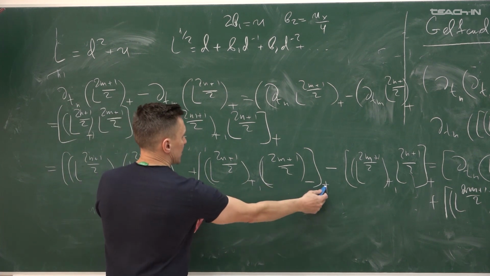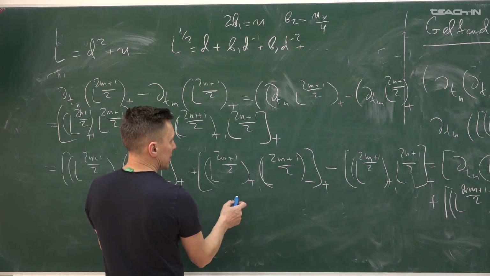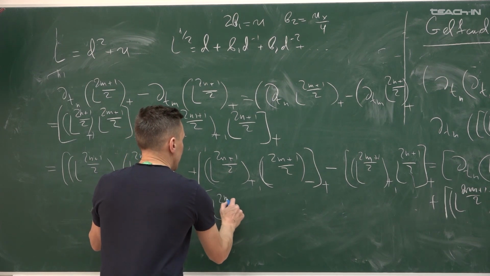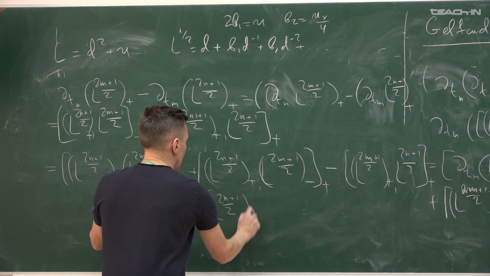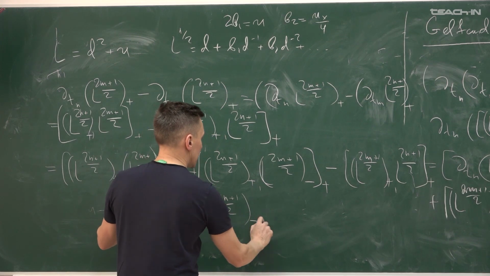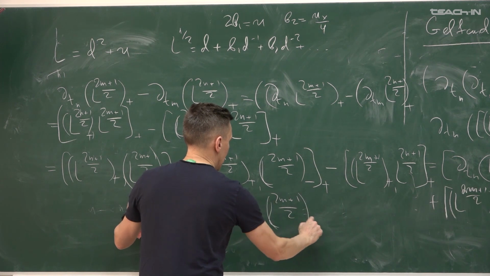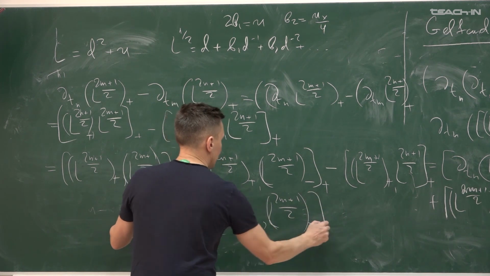Okay, to this form I can add L to n plus 1 over 2 minus, L to m plus 1 over 2 minus, plus.